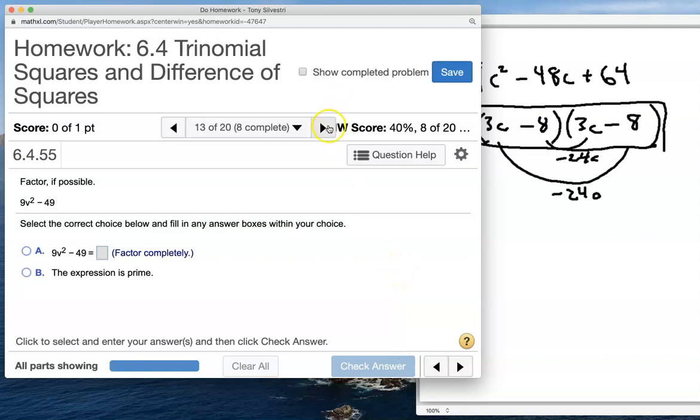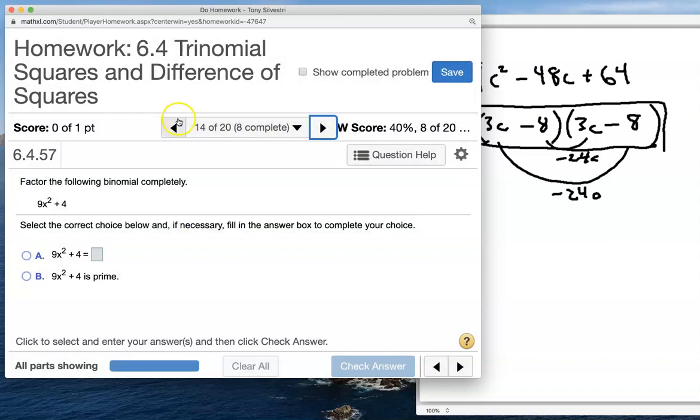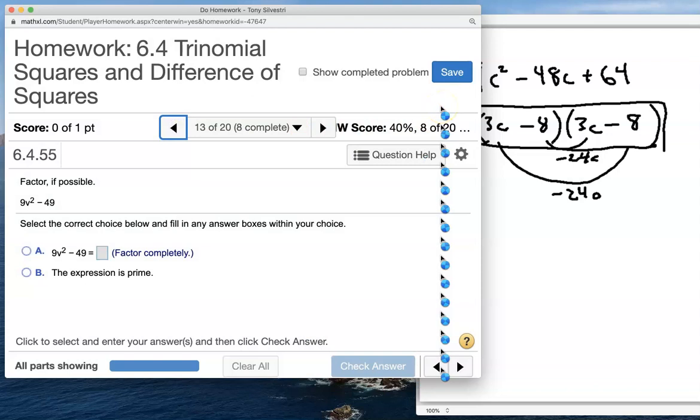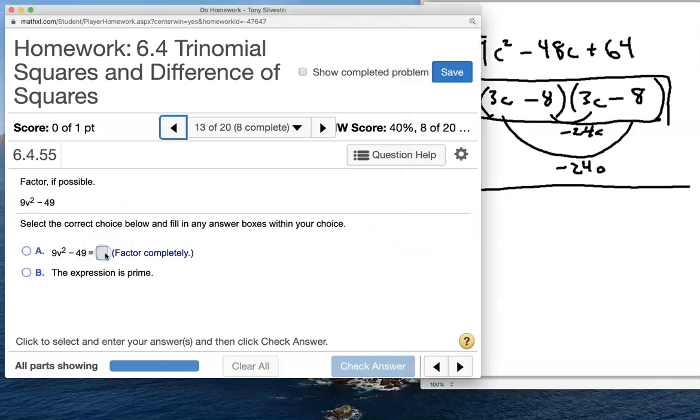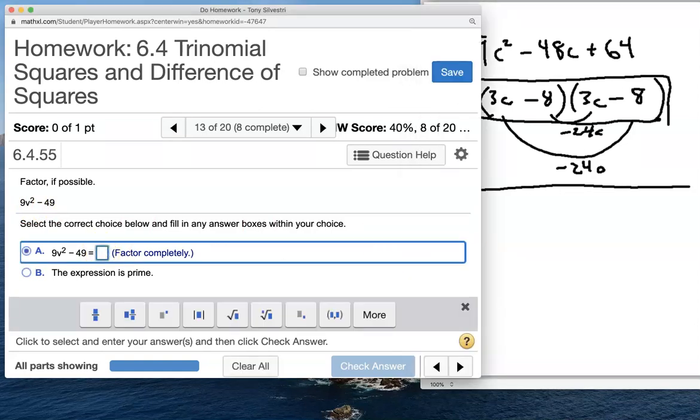Okay. Now, I'm just going to scan ahead and see what we've got. This one right here, I'm going to separate from what we did here. Is this a perfect square? Yes, it is. 49 is 7 and 7. This is 3v. I don't even need any space to do this problem because I know the pattern for the difference of squares.